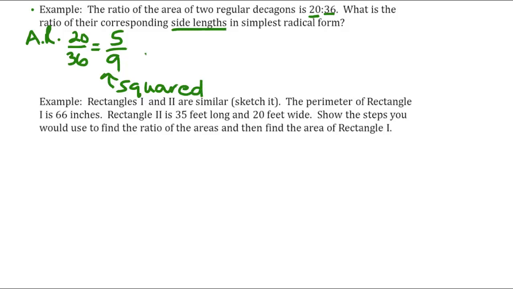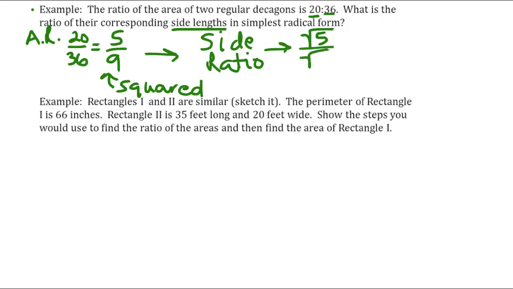If I want to go back to the side ratio, then I have to take that area ratio and take the square root of the top and the bottom. So the side ratio here would be the square root of 5. So we have to unsquare it. Some of my other students like to say unsquare it. And so the side ratio is going to be the square root of 5 over 3. And that would be the side ratio.